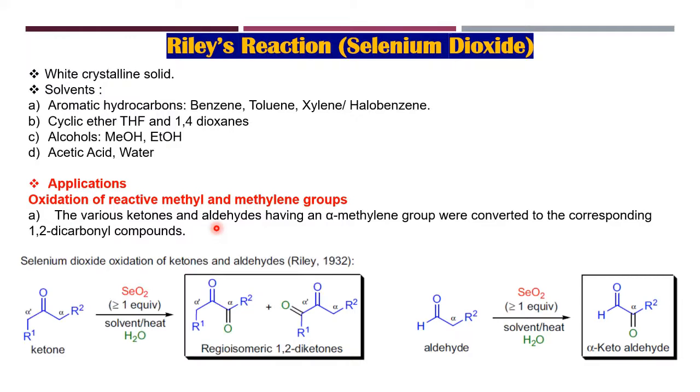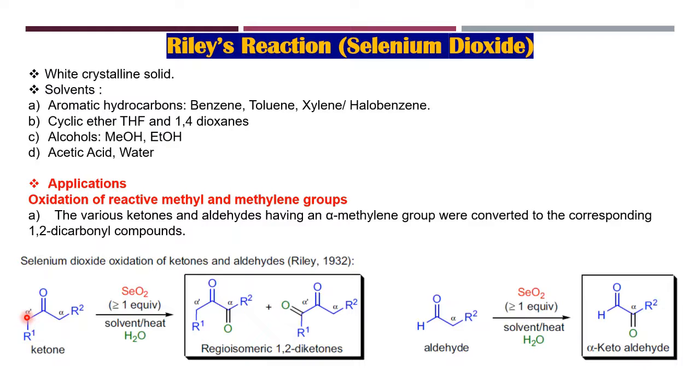Here is an example, established by Riley in 1932. We have taken a ketone in which both the alkyl groups are different; here R1 and R2 indicate that. So there is a possibility of oxidation taking place at either this alpha carbon, that is a methylene group, or over this methylene group.